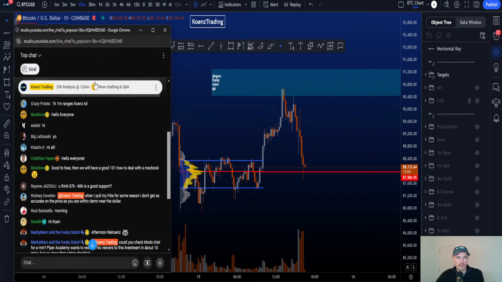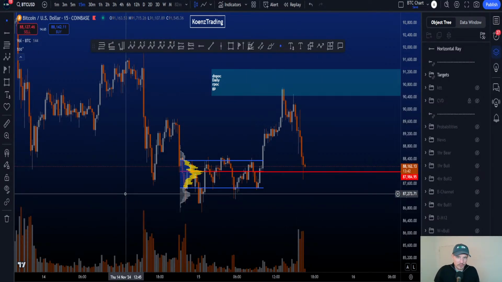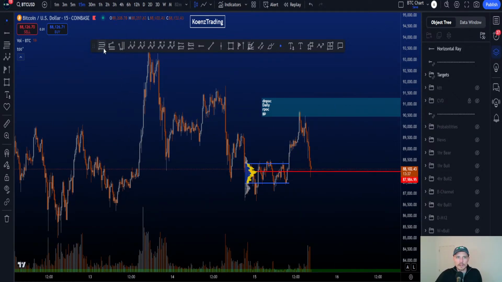Rodney, when I pull my fibs, for some reason, I don't get as accurate on the price as you are, within damn near the dollar. Rodney, I'll give you a tip. The tip is your control on your keyboard. If I click on the fib, you can see the magnet, can you see this, the magnet? Yeah, you guys can see it. The magnet here is turned off. But if I press control, you can see that it turns on.